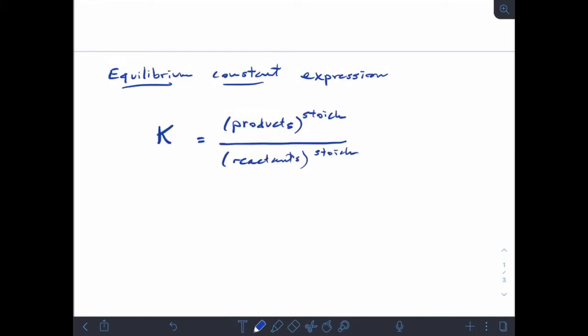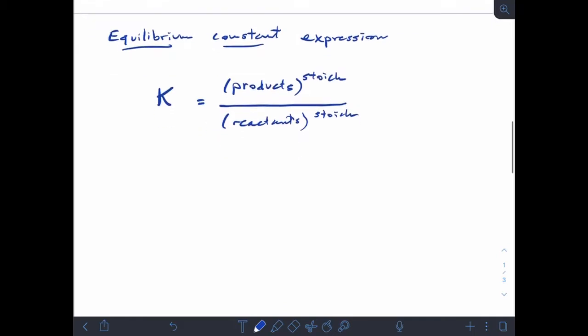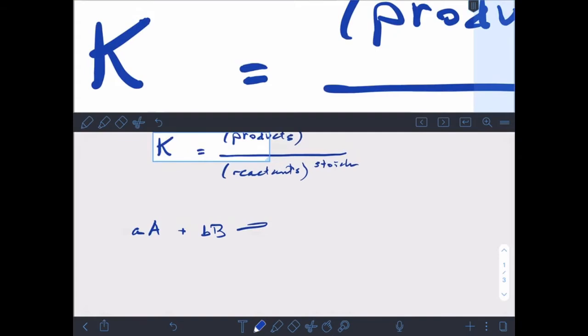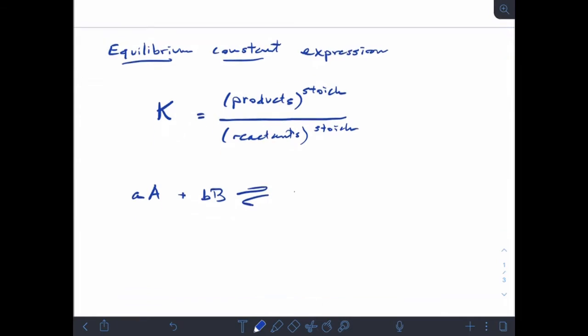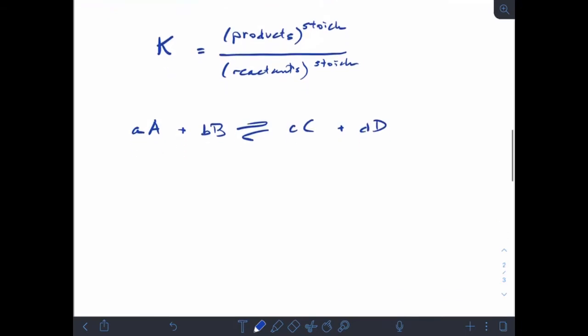Okay, so if I do write a sort of generic reaction, let's see what an equilibrium expression would look like. So if I said, and we saw this before, a A plus b B in equilibrium, that's what the double arrow is talking about, with c C plus d D. Right, if I write an equilibrium expression for this reaction, products over reactants raised to their stoichiometric coefficients.